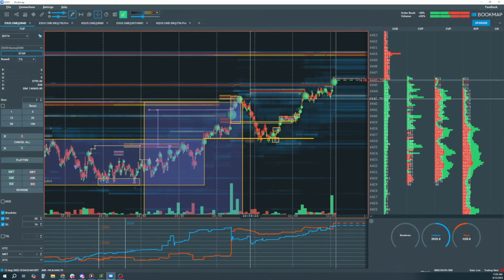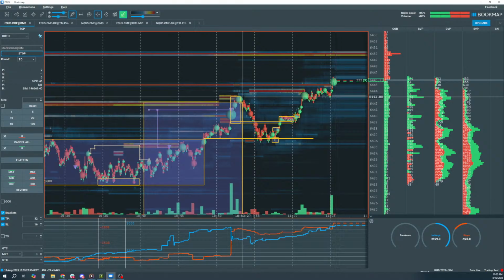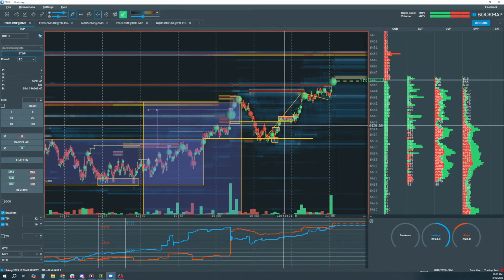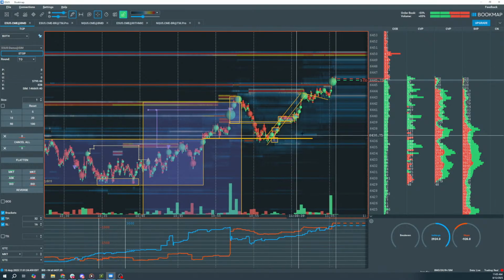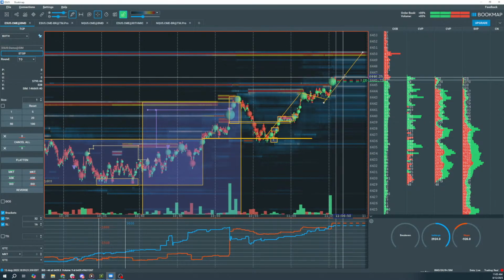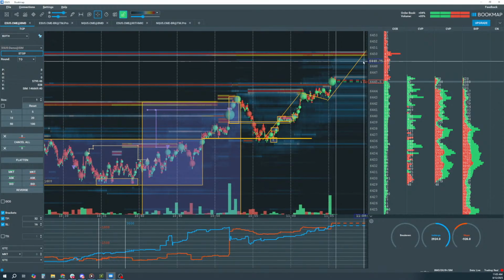Because let's take a look at it here. Our measured move is showing that as a pretty nice target.